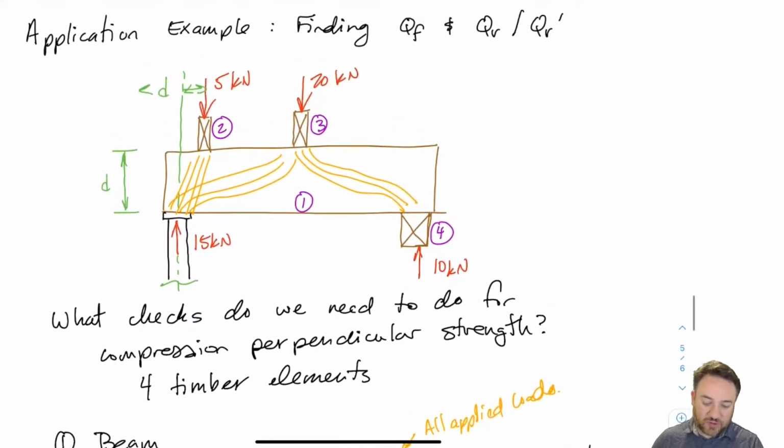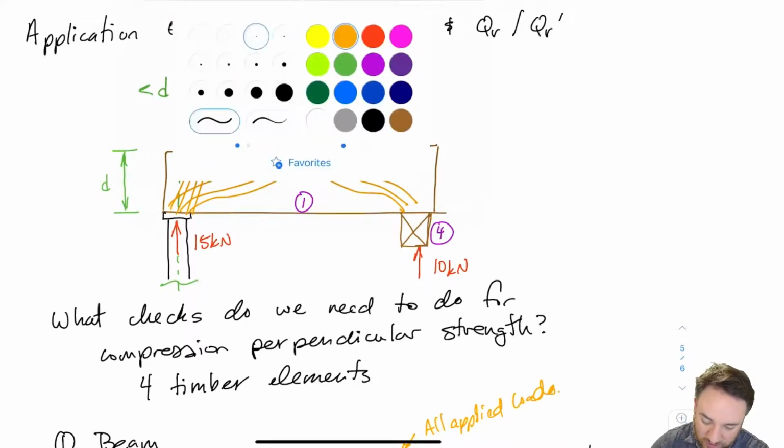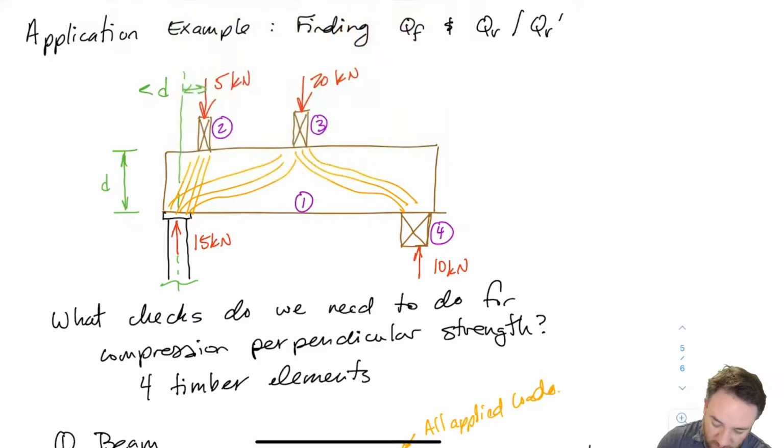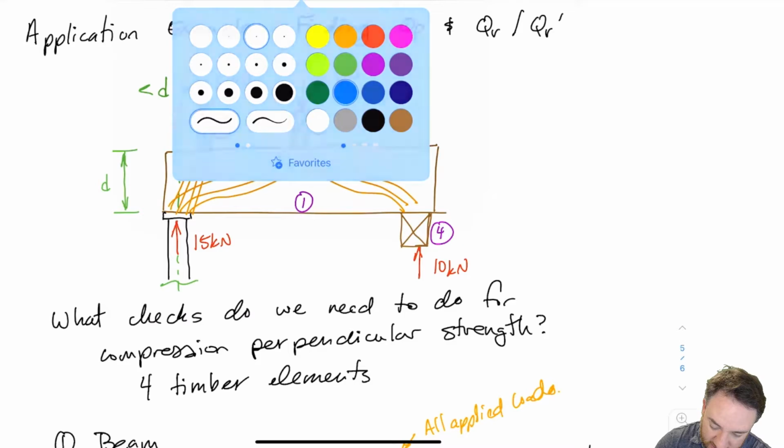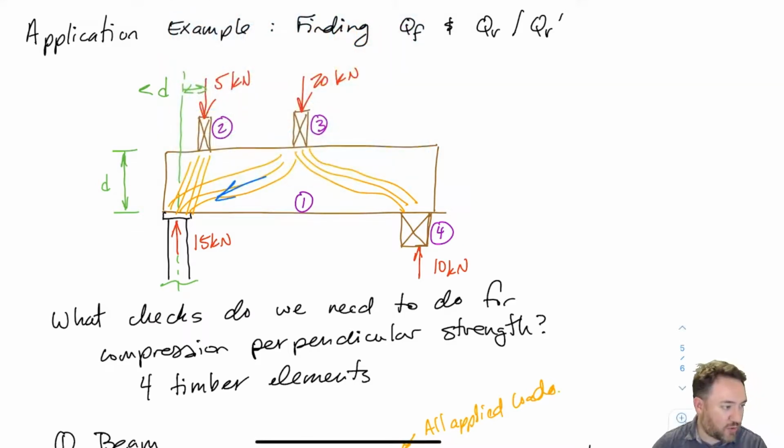Well, what I have to do here is look at the load that's going through the beam from top to bottom. So here there are 2 different sources of load that go to the support: 15 kilonewtons. One is coming across from the 20, right? 10 goes one way, 10 goes the other way.